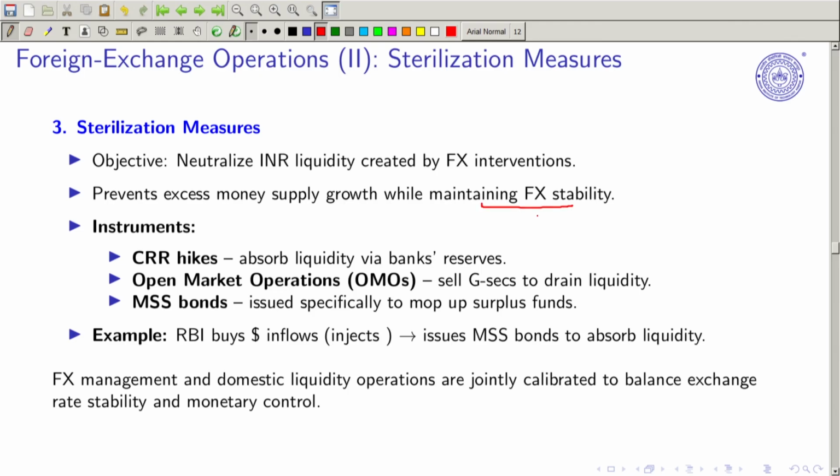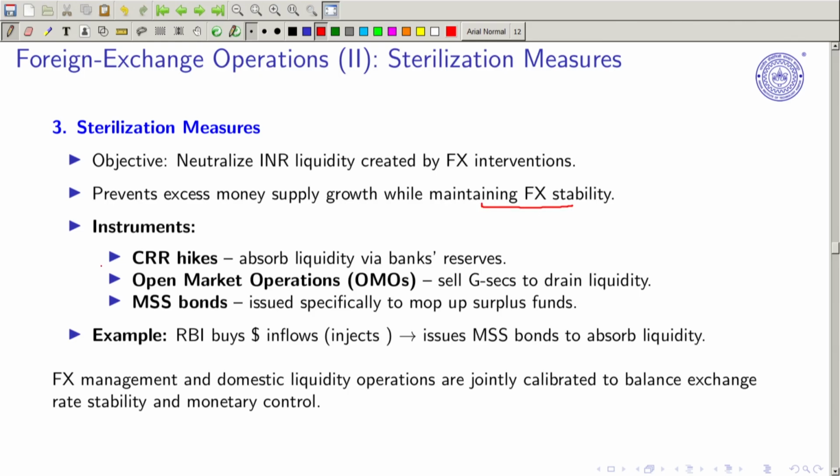But what measure should I take so that, without harming anything in the system, repo rate, reverse repo rate, nothing, we are able to sterilize the excess amount from the banking system? This is what sterilization means. It prevents excess money supply growth while maintaining foreign exchange stability.